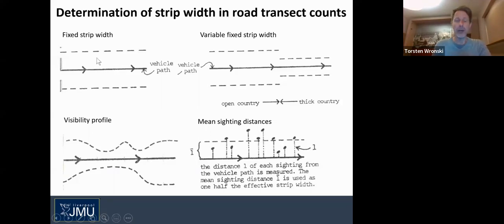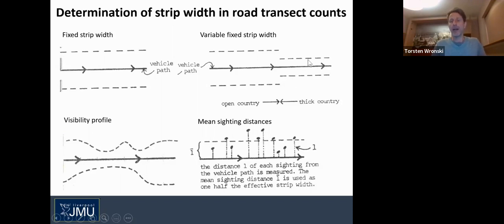If the terrain is open, like in a grassland or a desert area, we can keep a fixed strip width throughout the aerial sample. However, this is hardly ever the case, and in such cases we have to adjust our strip widths in accordance with the habitat type.